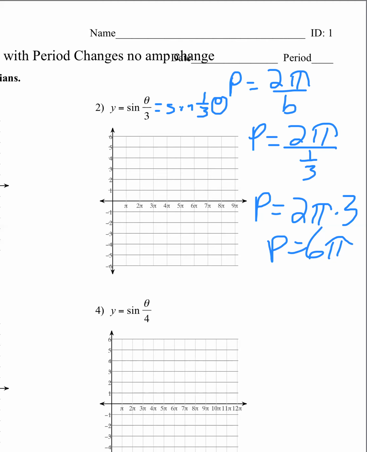Okay, and what I need to do is figure out those quarter points. The easiest way to do it, in my opinion, is to take your period and, to find the first quarter point, just divide it in 2. So that'll get me my halfway point.